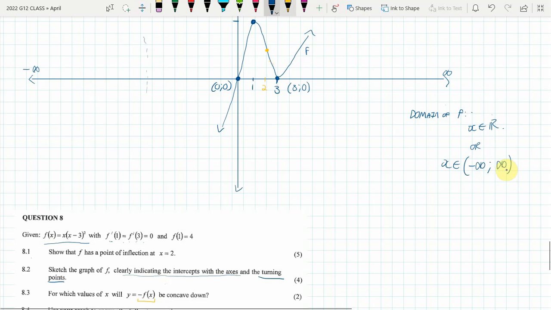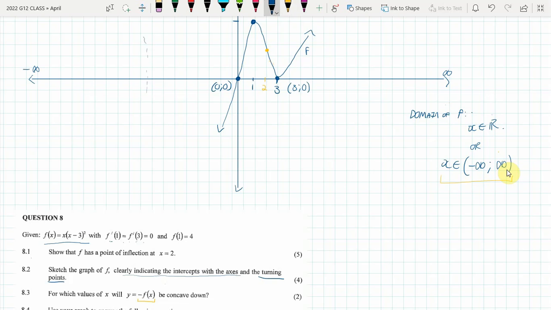Now, from the domain of F, we must select the set of values for which F is concave down. In words, we can say F is concave down before the inflection point everywhere.